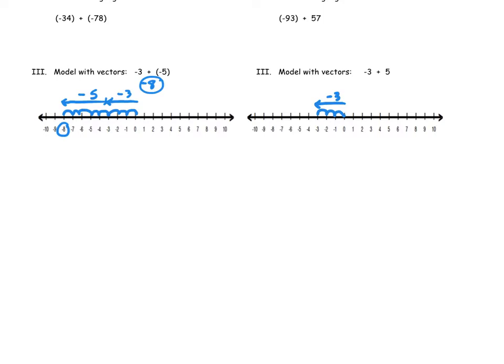I'm still going to start at -3, but because it's a positive number, I'm going to move to the right. 1, 2, 3, 4, 5. And you can see that I've basically undone this movement. And so my vector would look like this. It would be a +5, and I landed on 2.